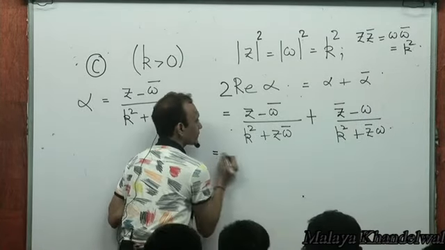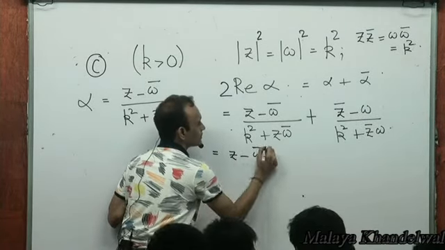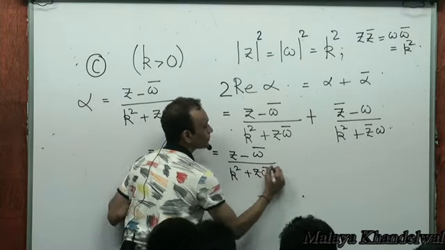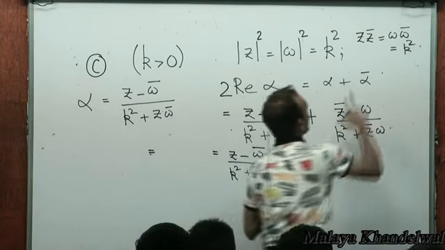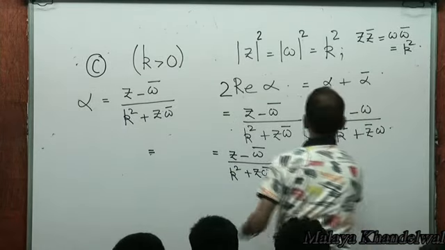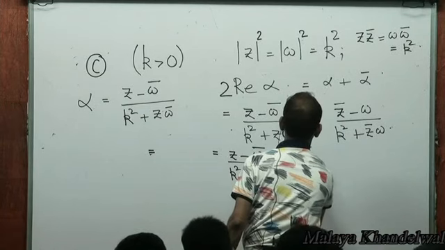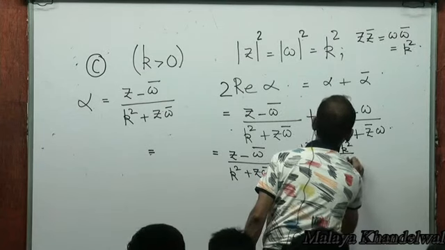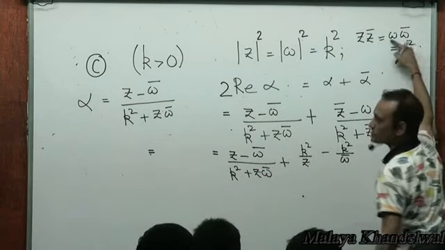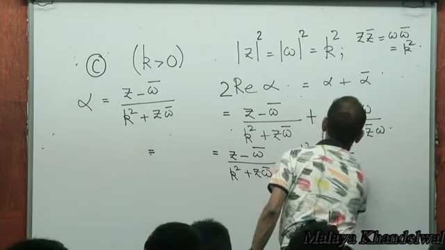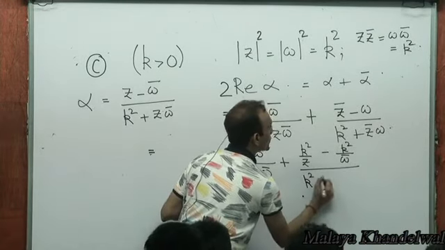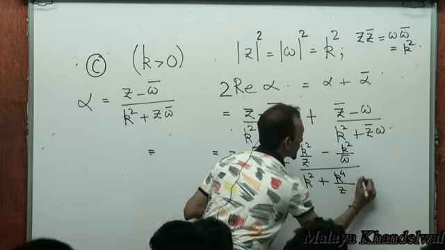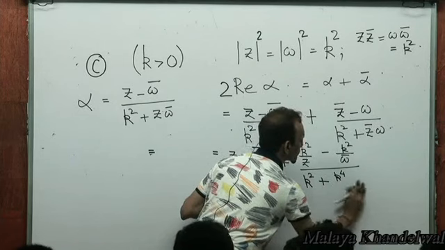So then z minus omega bar divided by k squared plus z omega bar plus z bar, which is k squared by z, minus k squared by omega bar, omega would be k squared by omega bar divided by k squared plus, this will become k to power 4 by z into omega bar.